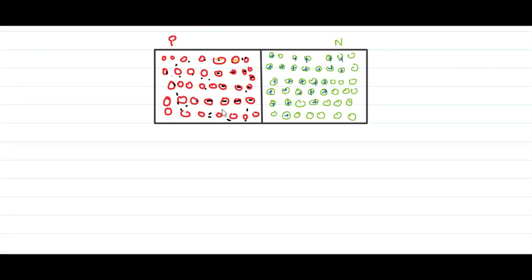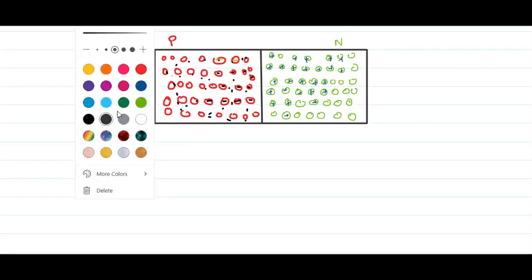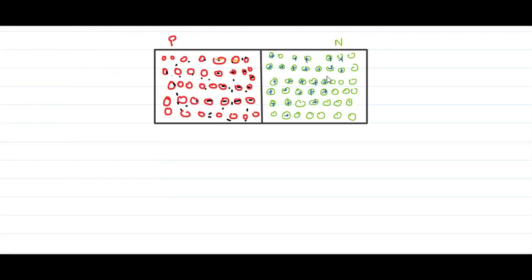We have lots of holes in case of p-type, and in case of n-type, what do we have? Electrons. Yes, very good.